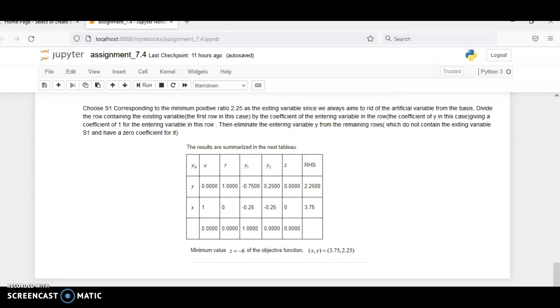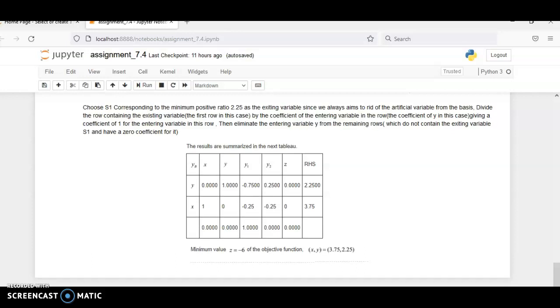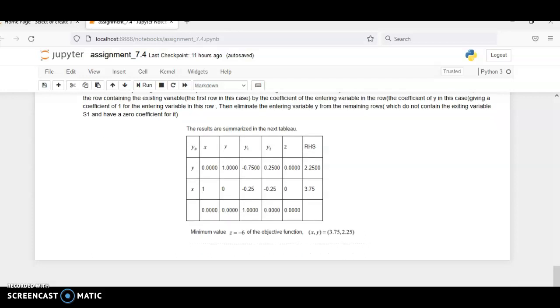Then eliminate the entering variable y from the remaining rows, which do not contain the exiting variable s1, so they have a 0 coefficient for it. And we can see that the minimum value is z equals -6 of the objective function, with x, y equals 3.75 and 2.25.